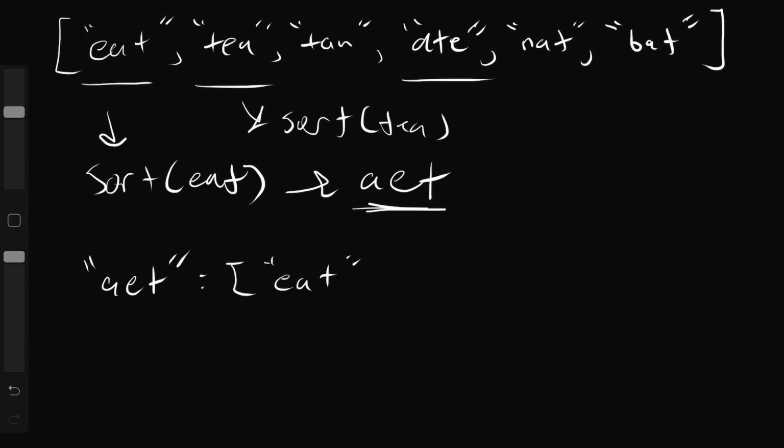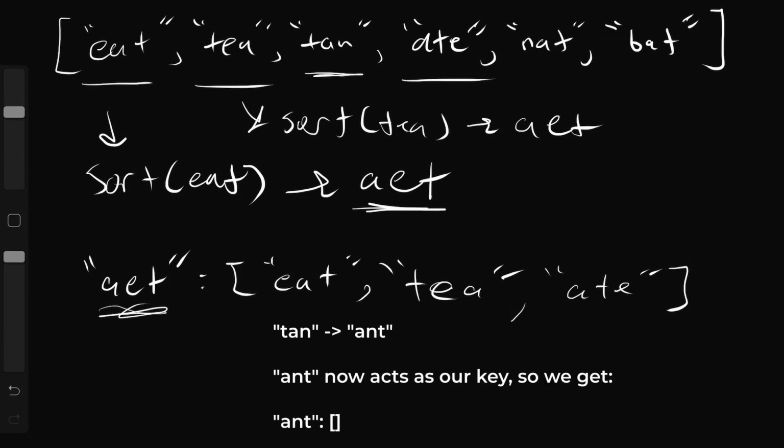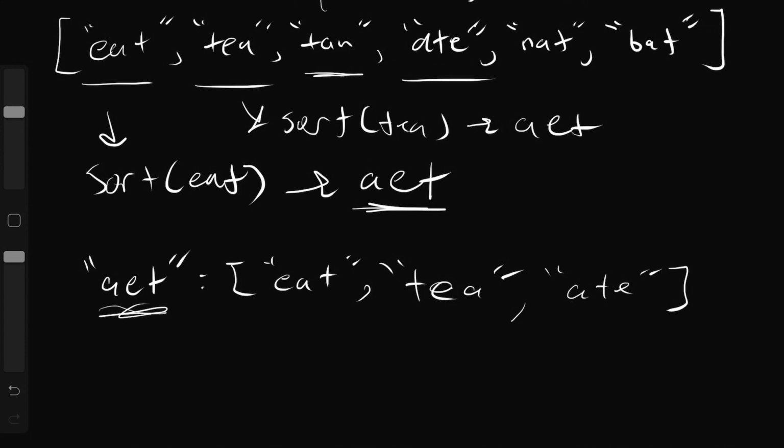it'll return the same result. So it'll be AET as well. So we know that tea matches this key, so we can take the word tea itself and just append that to our list. And this continues on and on, with ate here, and then this will be the first list. But in the meantime, we'll also encounter tan. So with tan, we sort it and return ANT.